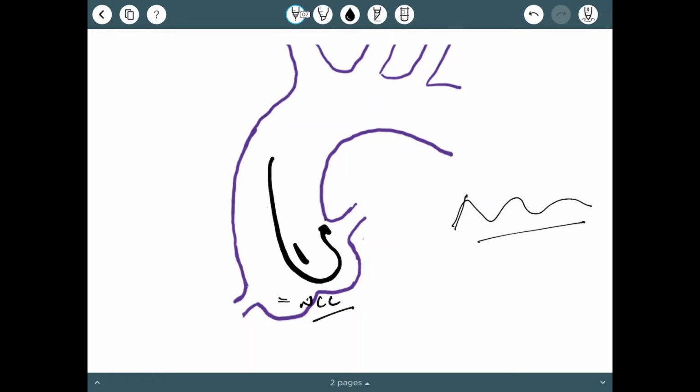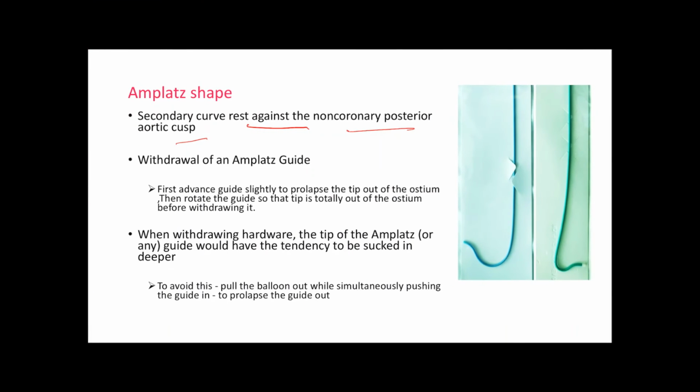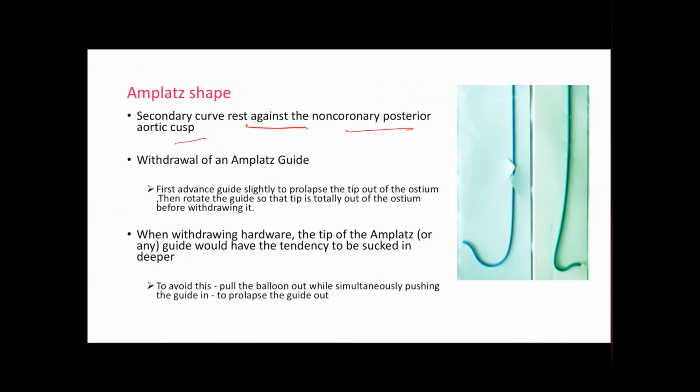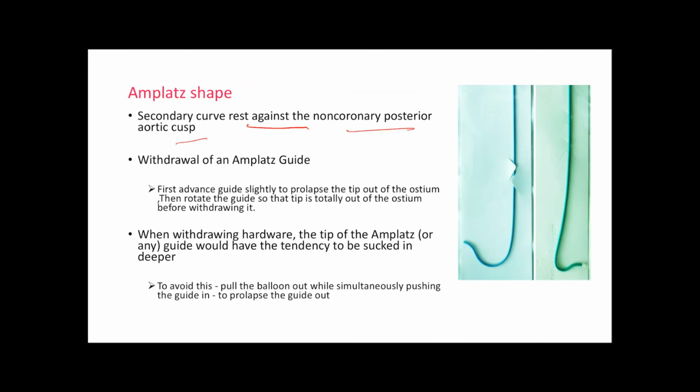So if you push down the catheter, the curve will prolapse out, and then you rotate it in either direction so that it becomes unaligned to the coronary ostia. This is the trick that you use to withdraw this Amplatz catheter. You first advance slightly to prolapse the tip out of the ostia, and then you rotate it. This is how you can withdraw it.